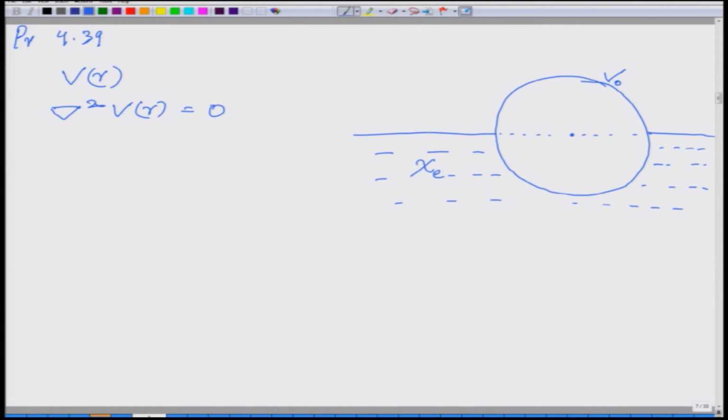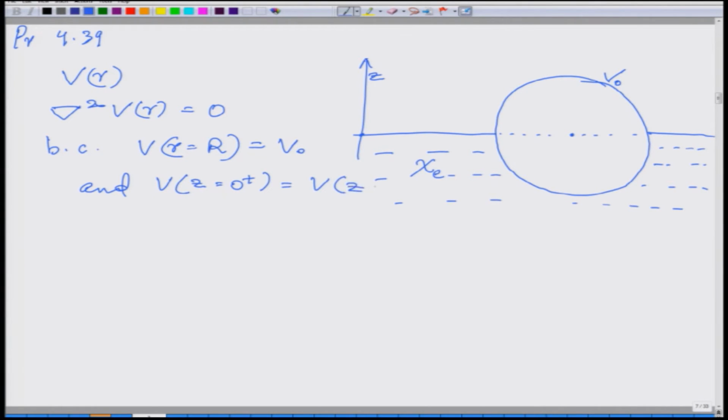which will satisfy the boundary condition V at r equal to R equals V naught, and if you consider this as your Z axis, then the other boundary condition would be V at Z equal 0 plus should be equal to V at Z equal 0 minus.